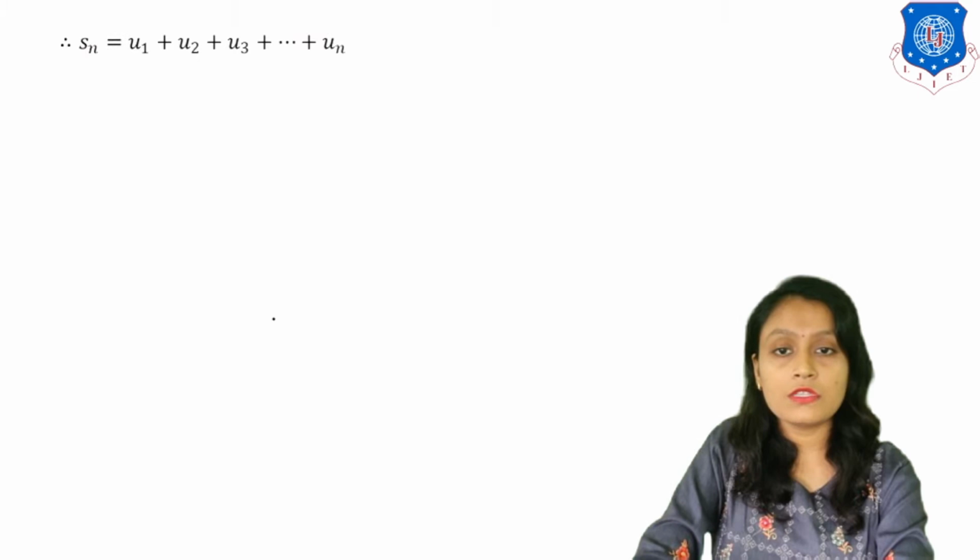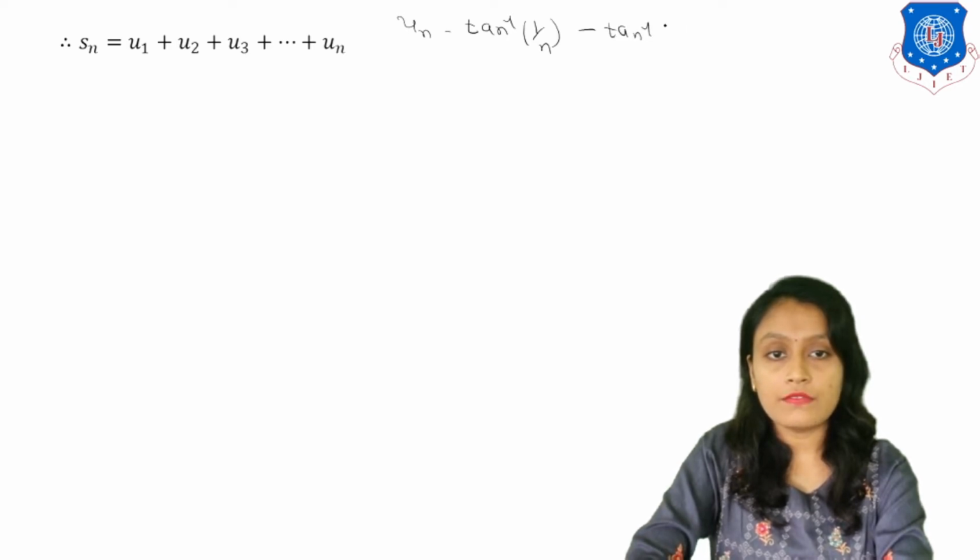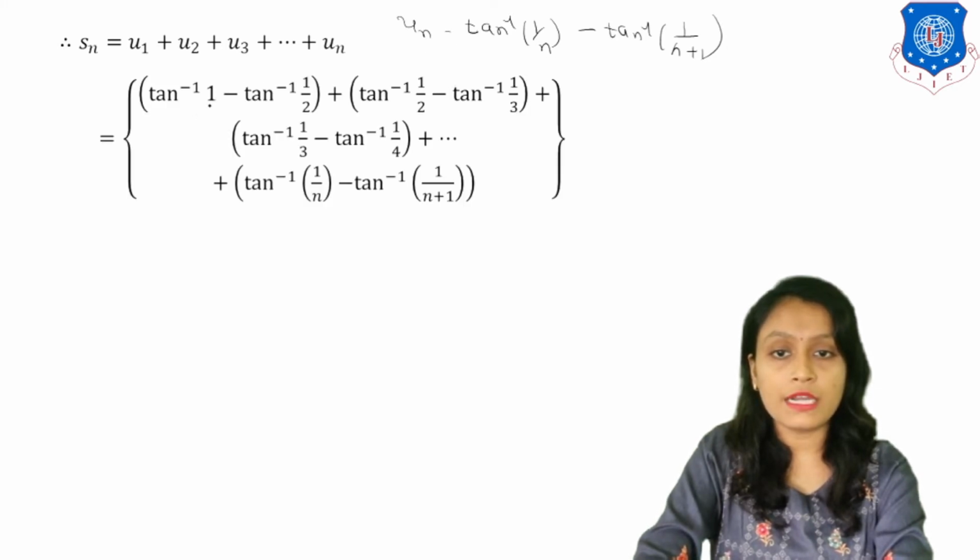Okay, so we will find Sn, that is the partial sum of the first n terms. Also we know this un is tan inverse 1 upon n minus tan inverse 1 upon n plus 1. Okay, so firstly for n equal to 1, you will get u1 as tan inverse 1 minus tan inverse 1 by 2, plus, now we will write u2 for n equal to 2.